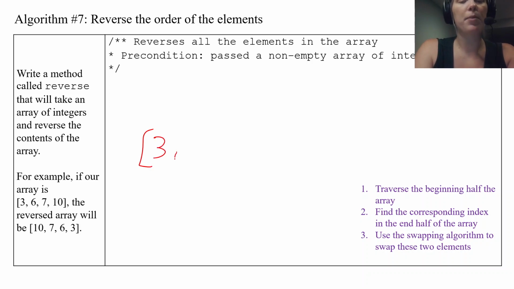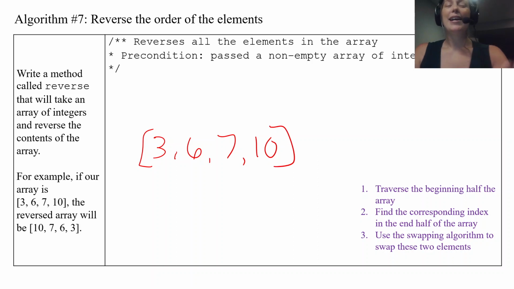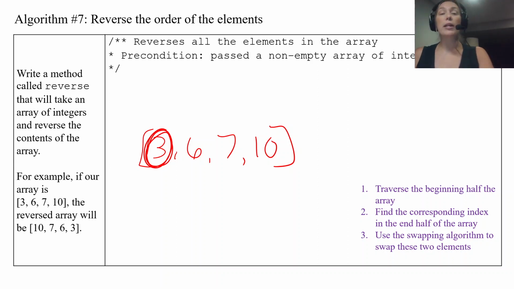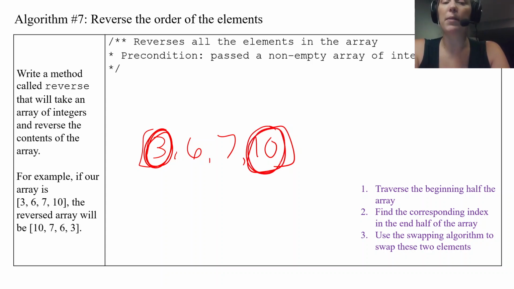So if I have my example 3, 6, and I won't write this behind my face this time. I start at the beginning of the array, and I want to find the corresponding index that I'm going to swap it with in the second half of the array, which is going to be this one right here. And I want to swap them.